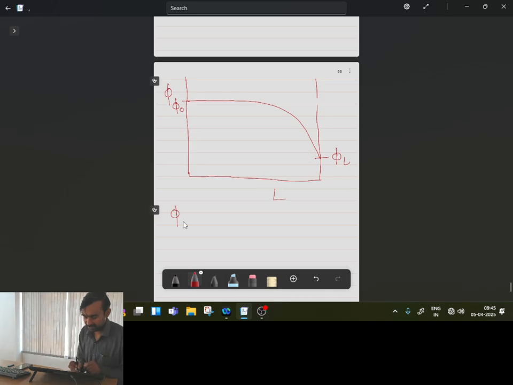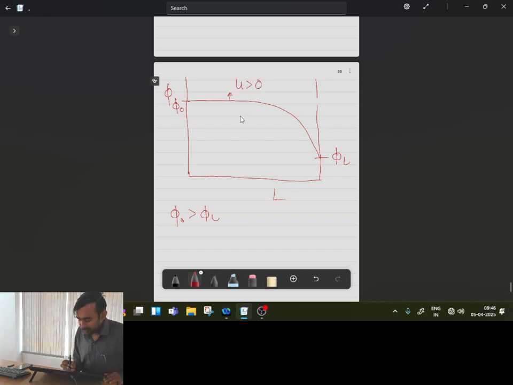You can see the value of phi naught at the left boundary is greater than phi L. So from the left side, what will be happening? Because flow is happening from left to right, phi naught will be propagating towards the right side. So physically this will be the solution when u is greater than 0.